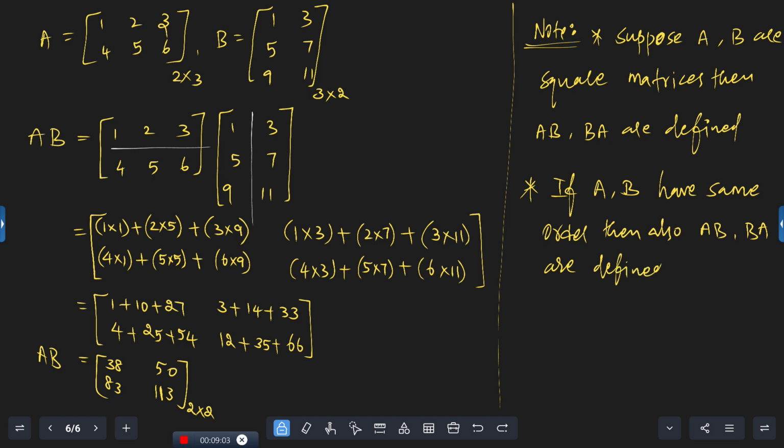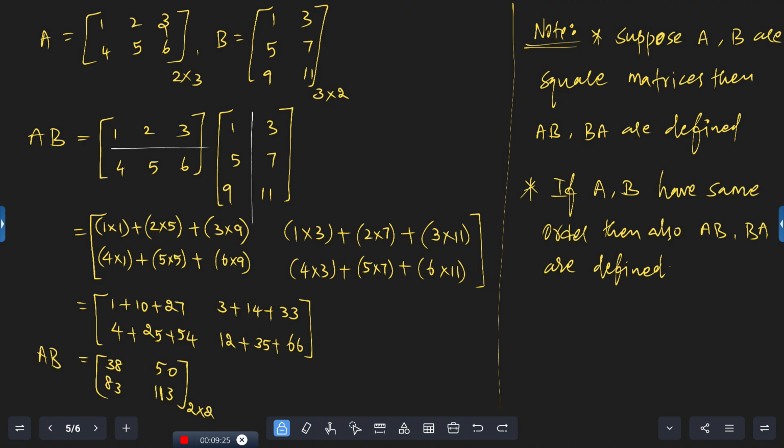Listen. Suppose A and B are the same order, then also the product of AB, product of BA is defined. These 2 points are very important. Suppose square matrices A and B, then also a product is defined. If the orders of A and B are the same, then also the product is defined.